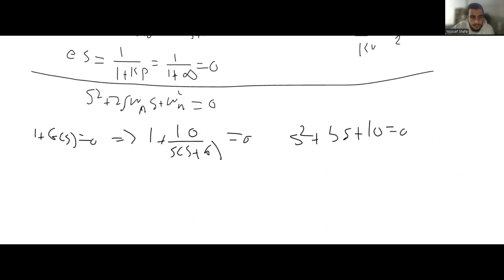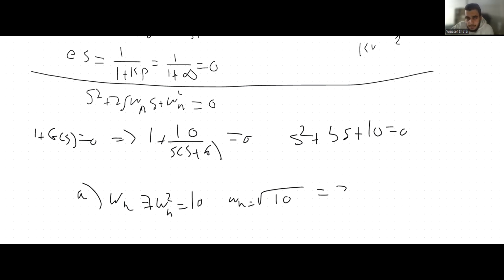So for A, omega n square equal 10, so omega n equal root 10, equal 3.16 approximately, rad per second.